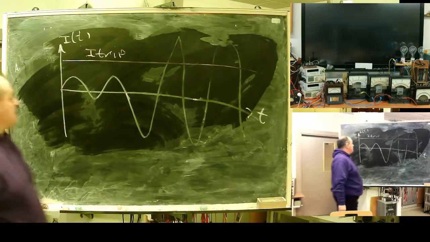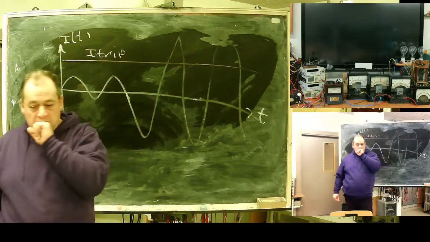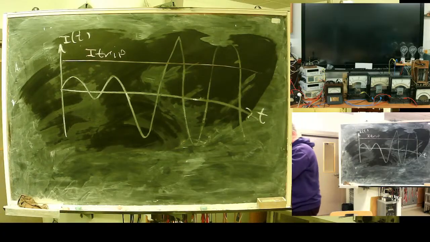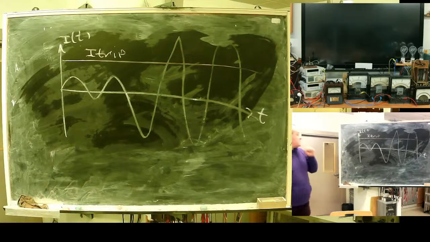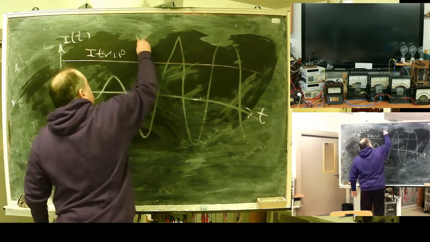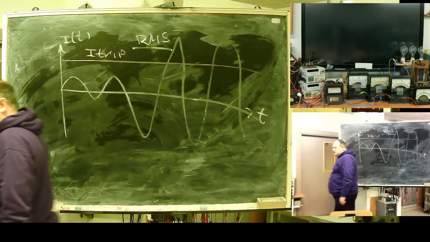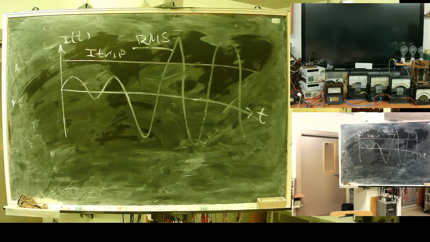If current exceeds this line, both in amperes, what should I compare? This threshold is defined for this RMS or effective value. But what is effective value?